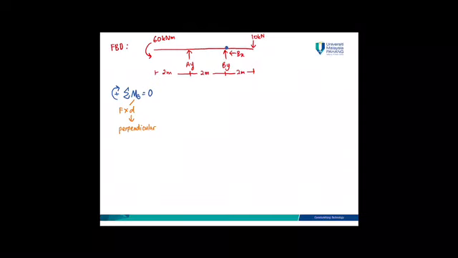Okay, so let's start with the calculation. Summation of moment at B is equal to 0. Clockwise is positive. Then I start from here. You need to go step by step so that you do not miss any forces.